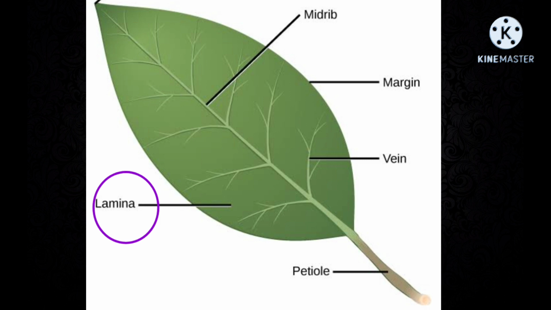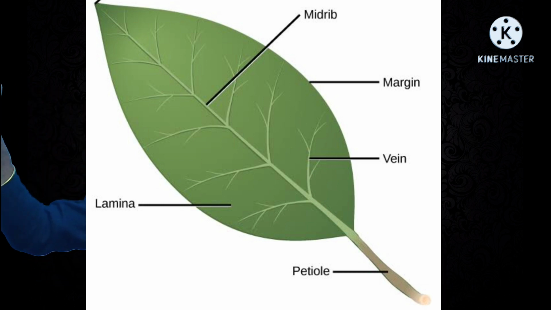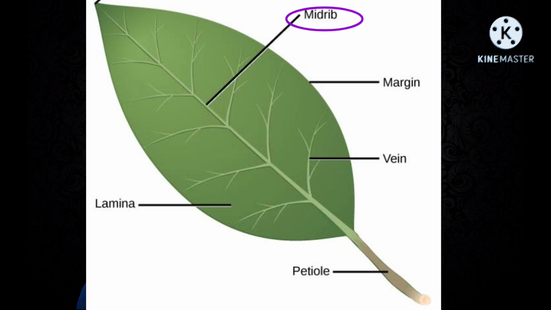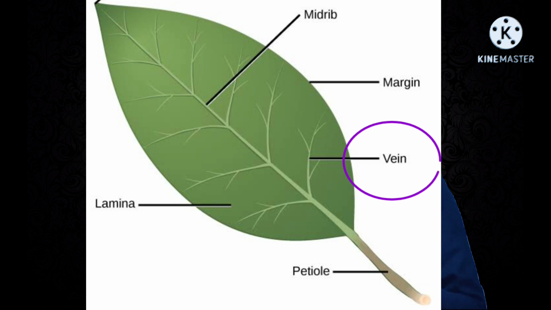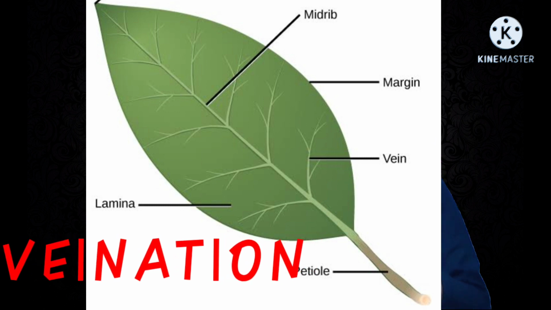On the leaf lamina, you can see a lot of structures. You can see a prominent, well-developed structure in the center. That's called the midrib, and from the midrib arise a lot of branches, and these are called veins.